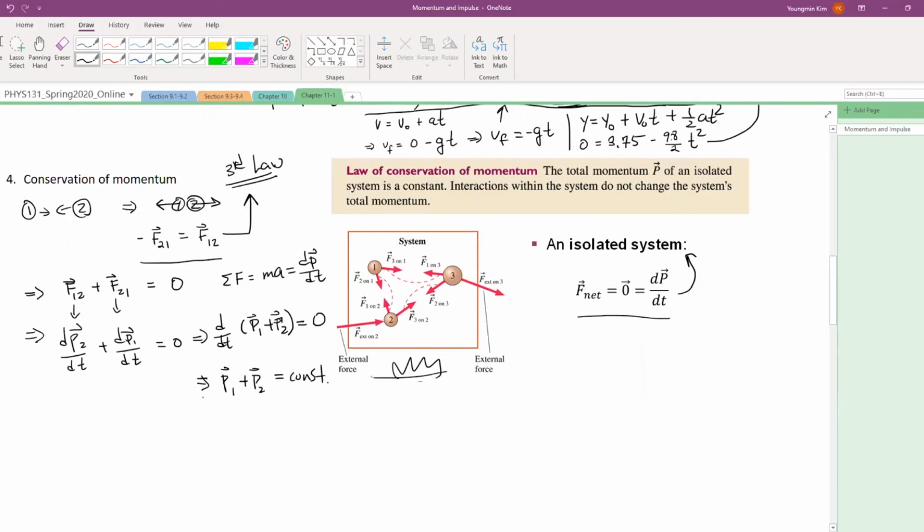Now, this was an example involving just two particles, but can you quickly see that this would apply to any other particles that are interacting in this system? So instead of just having 2 forces here, you will have many other forces, and all of them would exist in pairs. And that is guaranteed by Newton's third law, because forces either exist in pairs or they don't exist at all.